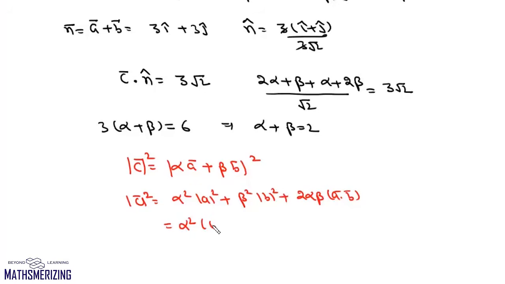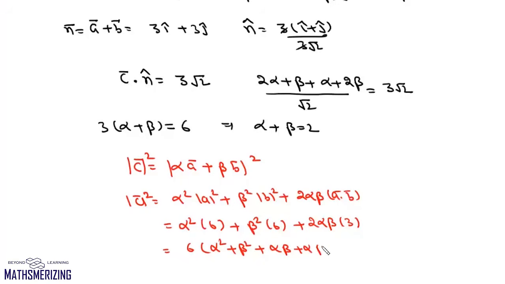Mod of A square is simply 6, and mod of B square is also 6. Now what's the value of A dot B? A dot B will be 2 plus 2 minus 1, and it will be simply 3. Now we take 6 common, we can write alpha square plus beta square plus alpha beta.